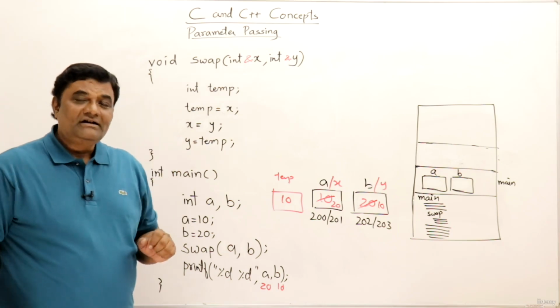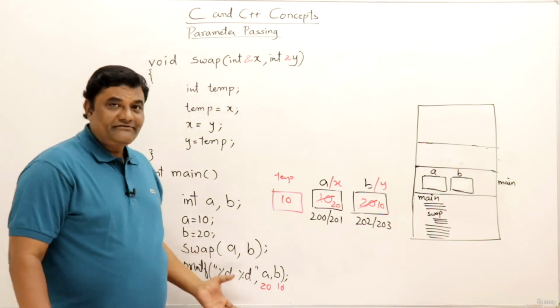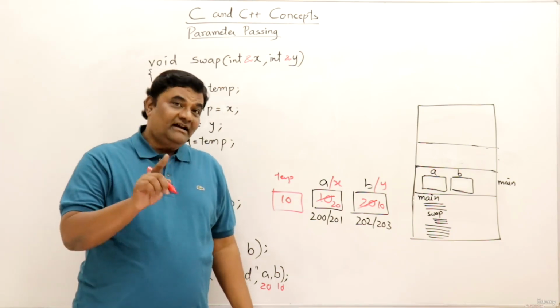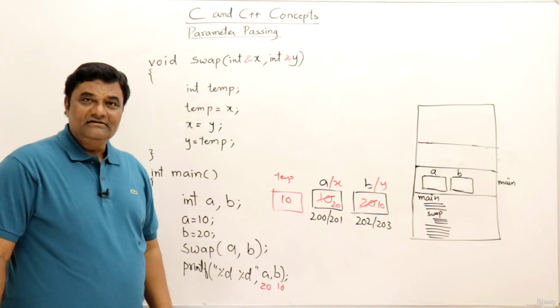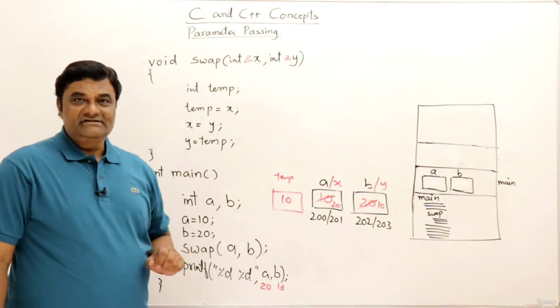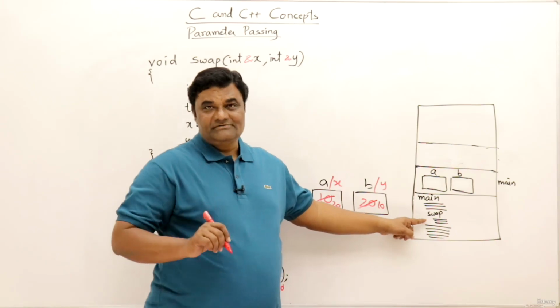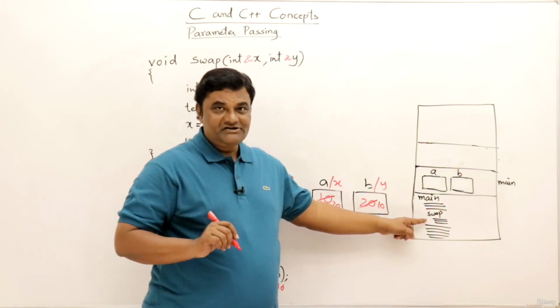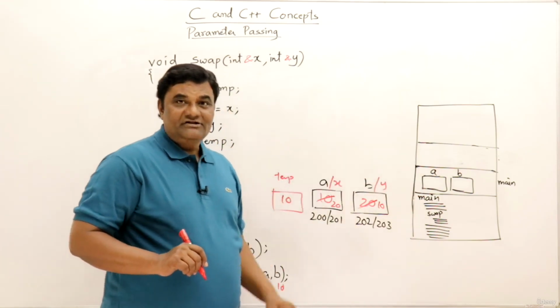Now one important point. I said that one function cannot access the variables of another function directly. It can access indirectly. But how is it possible that it is accessing directly? So the answer to this is, if you see inside the memory, swap is not a separate function. It has become a part of main function and there is only one activation record.